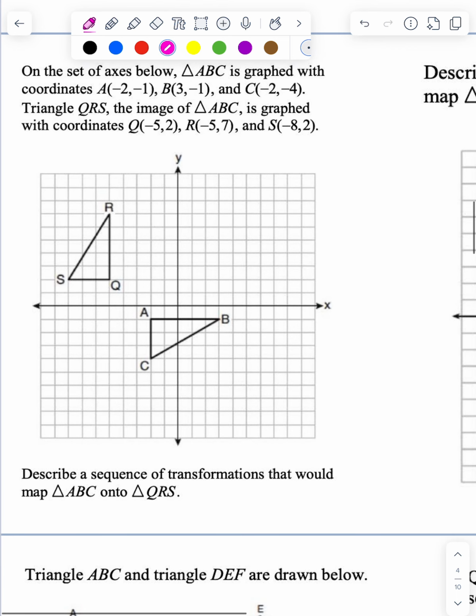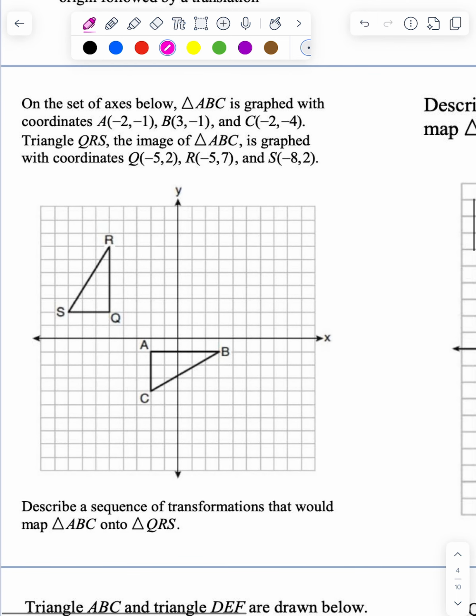Okay, over here, we have triangle ABC and we have triangle QRS, which is the image of ABC. So ABC is the image of QRS. So QRS turned into ABC. So I'm going to circle that. QRS is the pre-image.